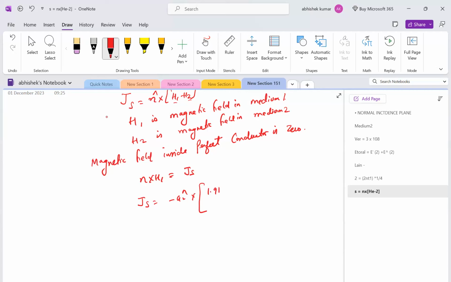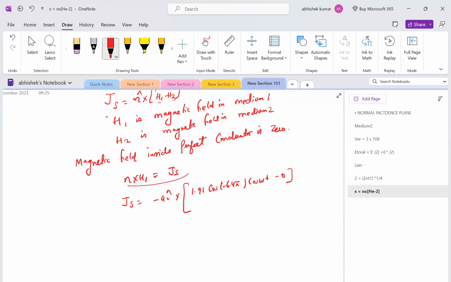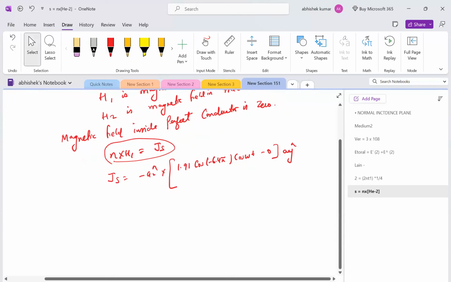H1 is 1.91 cos(minus 6.4 pi) cos(omega t minus 0). The direction of Js, that formula is from a previous chapter, right? You have to go to chapter 2 or something like that. And az cross ax gives you ay.